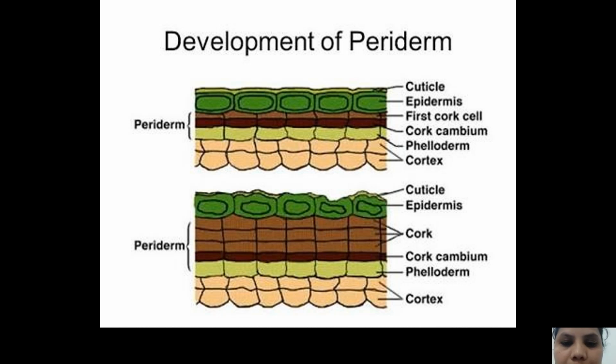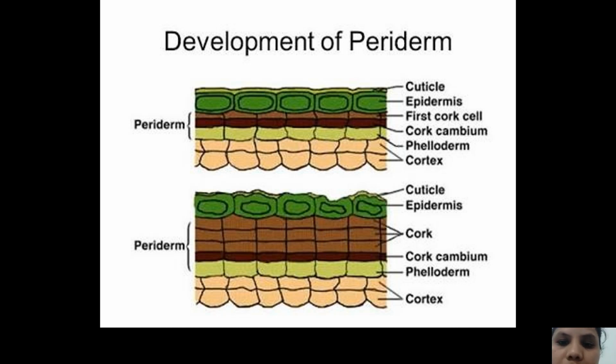And this cork cambium, after resuming the meristematic activity, gives the cork cells towards the outer side and the phelloderm to the inner side.